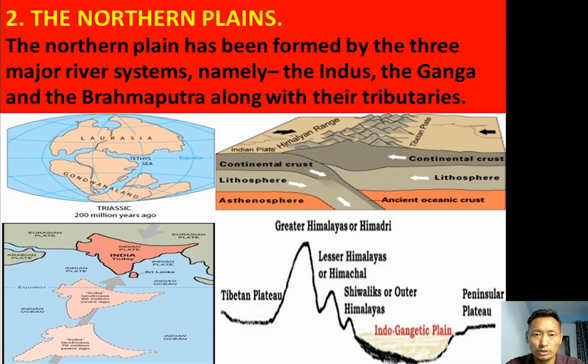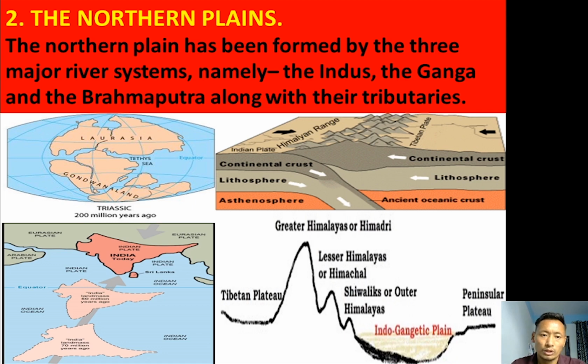So the northern plains have been formed by three major river systems of India. In order to understand the formation of the northern plain in a better way, we need to go back 20 million years.